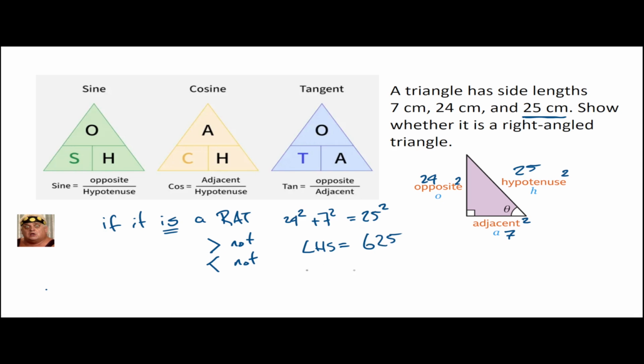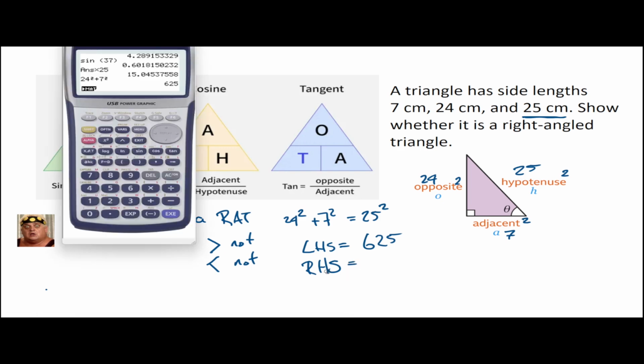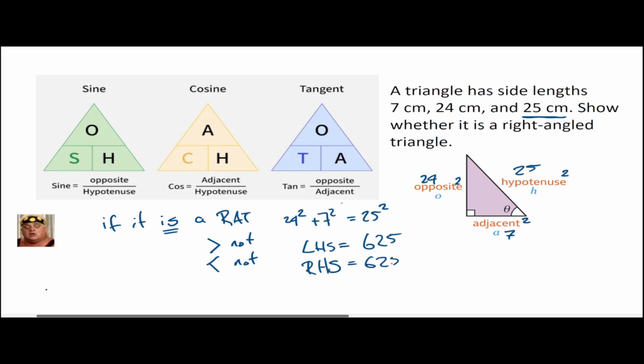The right hand side is 25 squared, which is 625. Interesting. So therefore, it actually really is a right angle triangle. How about that?